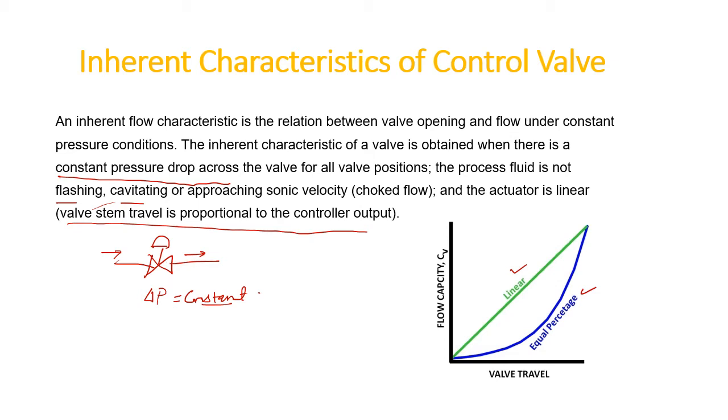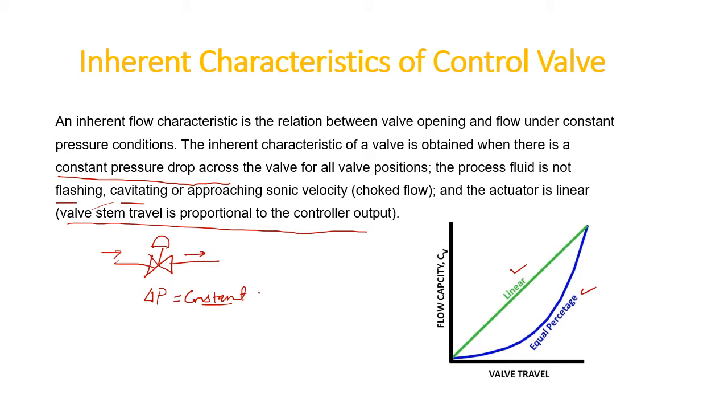Whenever you find any valve data sheet from a consultant, your designer or the valve manufacturer, whatever is written in your data sheet will always be the inherent characteristics of the valve.